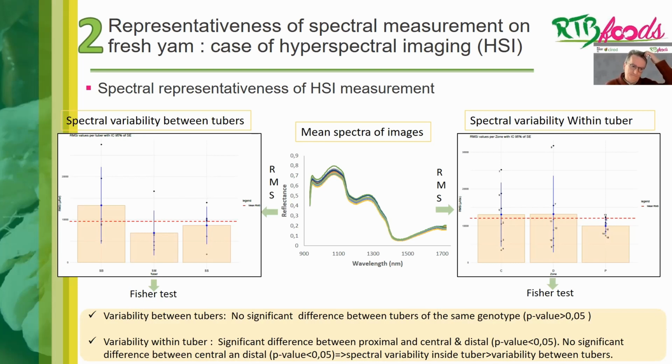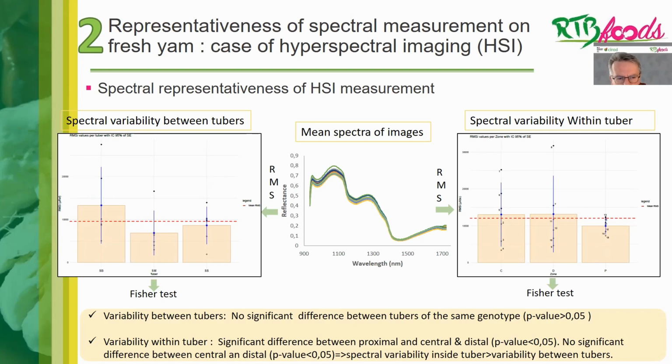In selecting the region of interest, we discovered that if the tuber shape is not completely regular, it tends to affect the selection and segmentation of the image.